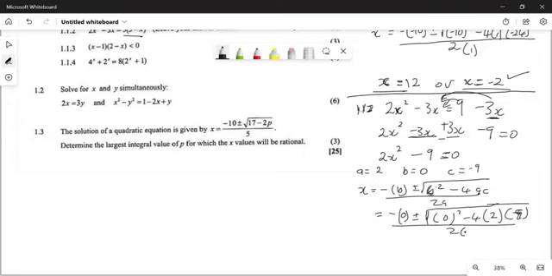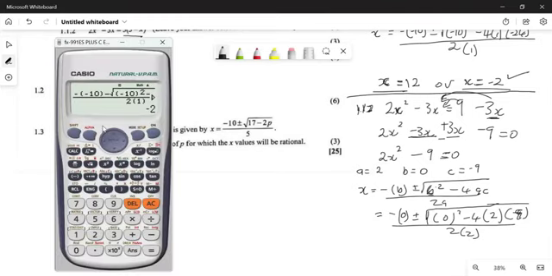All over 2 multiplied by 2. Okay, let's put this in our calculator too and see what we get. Let me punch it here and then we will compare our answers.